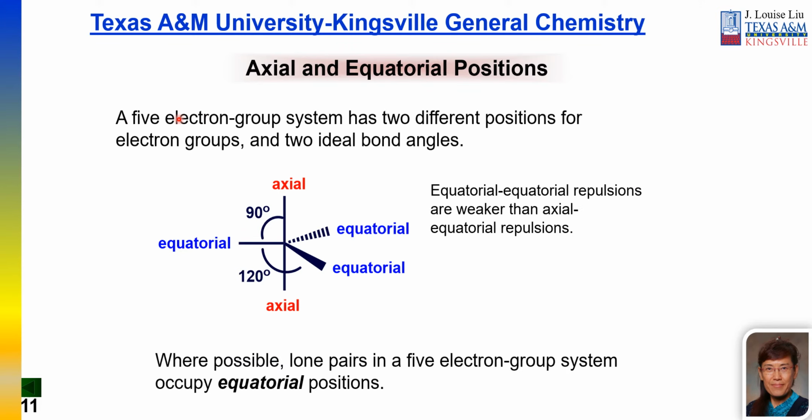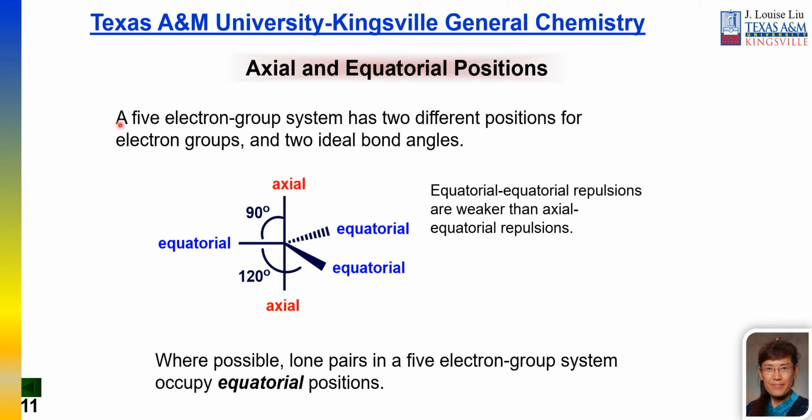In terms of these different structures, particularly when we have this trigonal bipyramidal structure, what do you find? You find two different positions. One is called equatorial, another one called axial. You have two different positions in terms of your electron groups or your surrounding atoms.